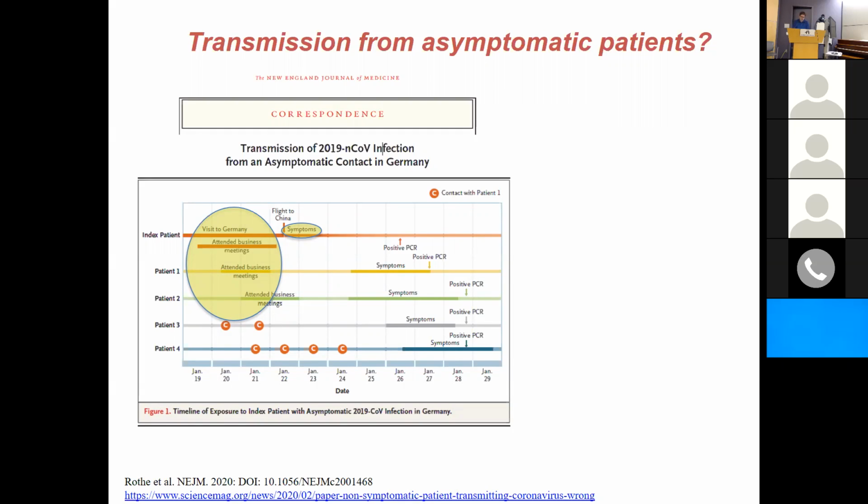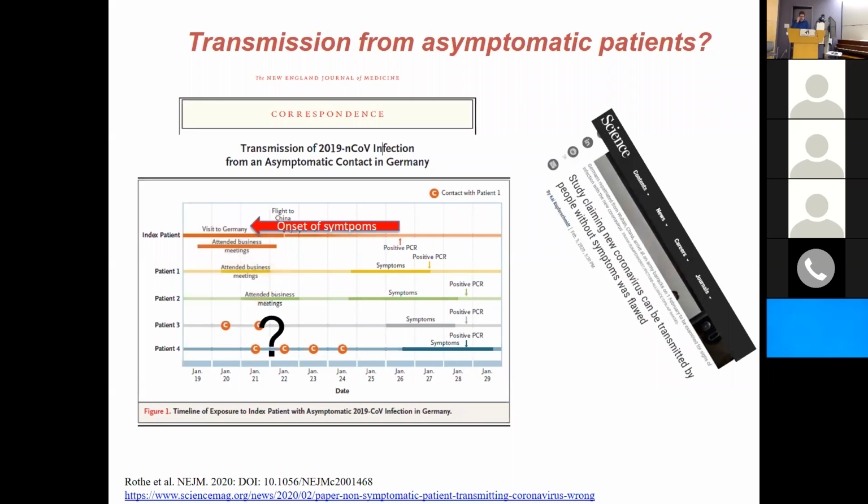A few days later, the Robert Koch Institute, which is like the CDC counterpart in Germany, got a hold on that index patient, and as you see there on the first line, they got the information from the index patient that she was already symptomatic during those business meetings.